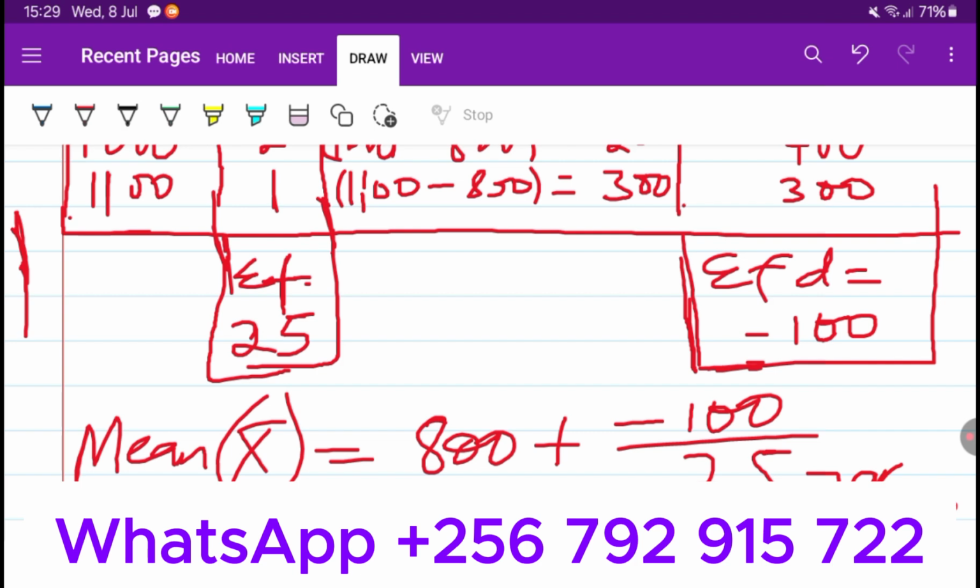But what if what we have assumed is small and we ended up having a higher deviation D? What should we do to simplify the work? We introduce another method called a step deviation, or what you call the coding method.